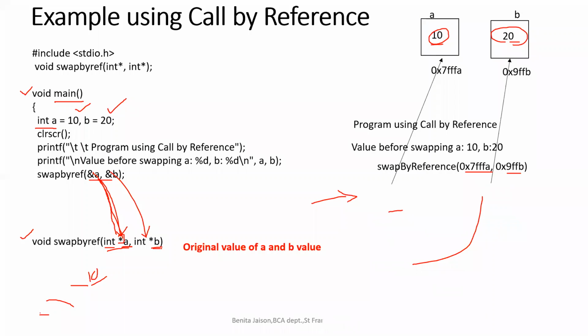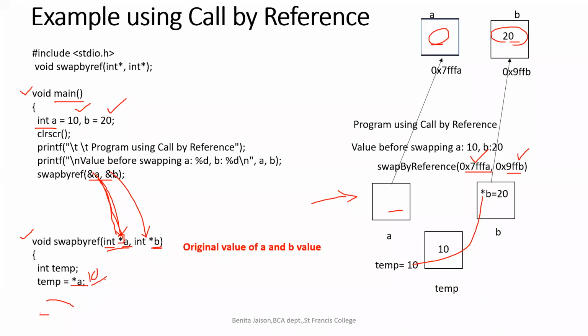Here also, I was just showing this number. Whenever we are copying to the formal parameter, it is having the address. But when we are using star A, we will be accessing the value which is stored in the address location.